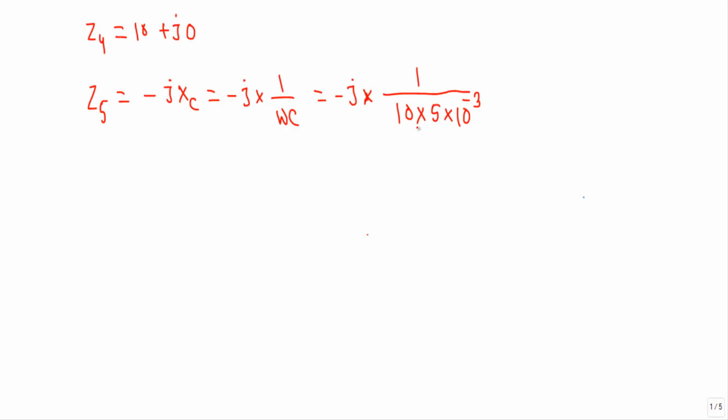So 1 divided by 10 into 5 into 10 to the power minus 3. This will be equal to minus j20 ohm. Okay.